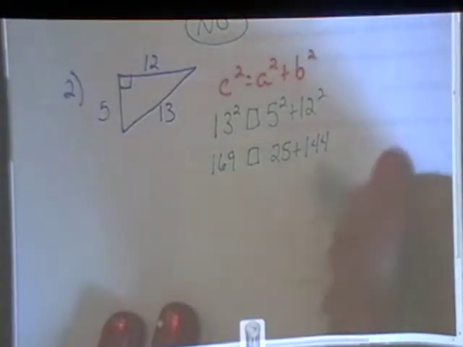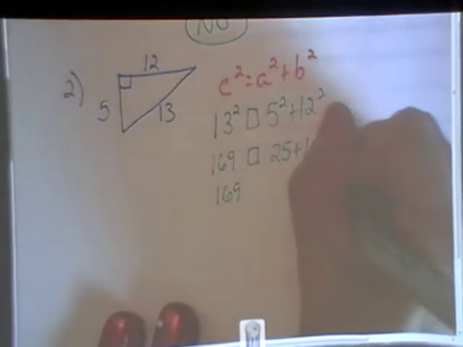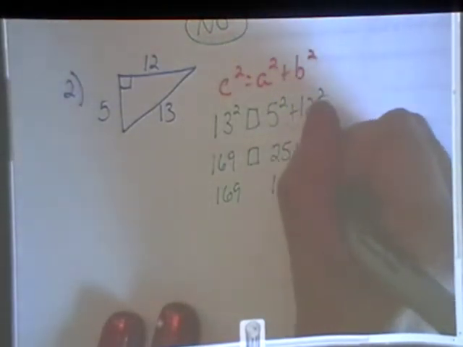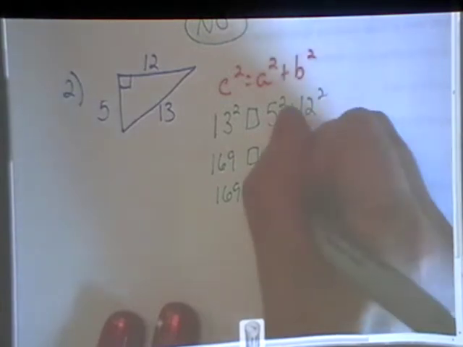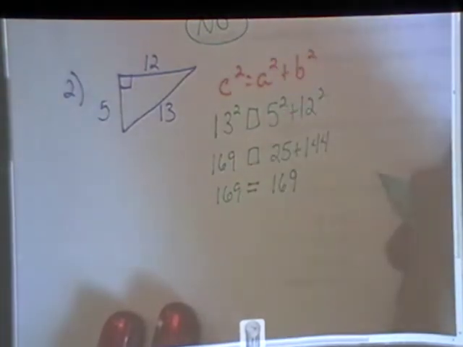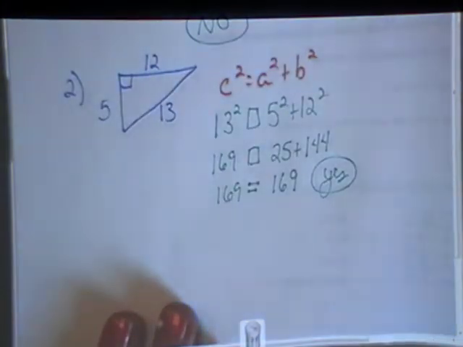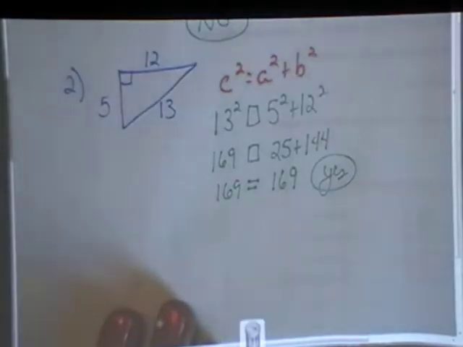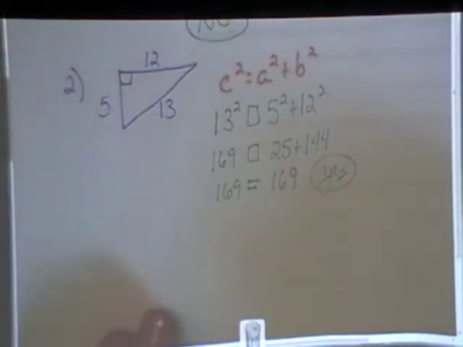Alright, let's add these together. So 25 and 144 is 169. 169 equals 169, so you would write yes. So far, so good?